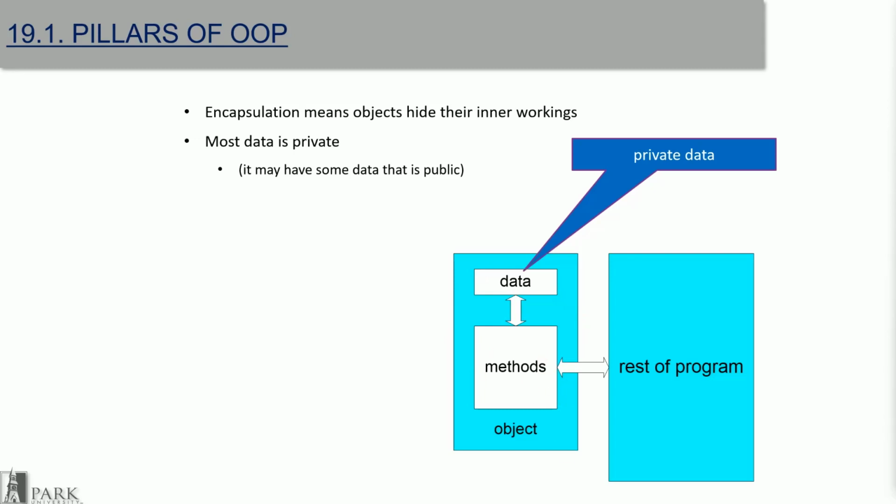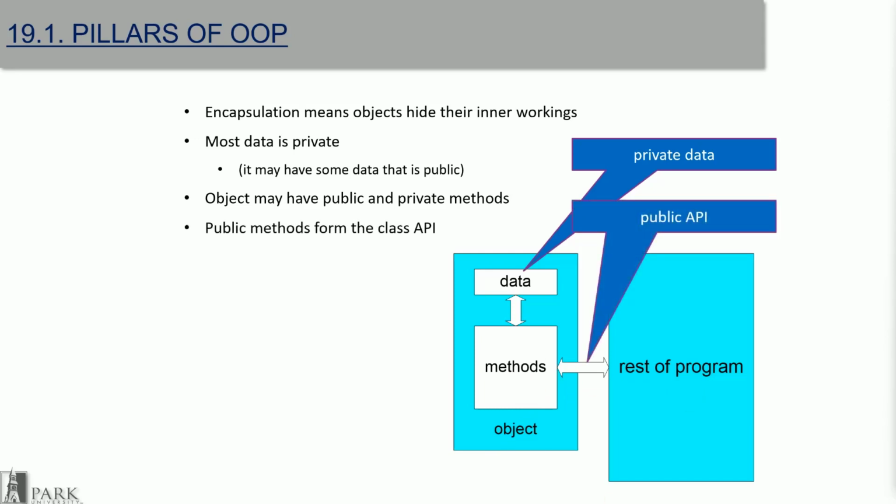Now, an object may have some public and private methods as well. The things that are available to the rest of the program are what's called the public API, or its application programming interface. And this just basically means that these are the methods that are available to use on this object from the rest of the program.